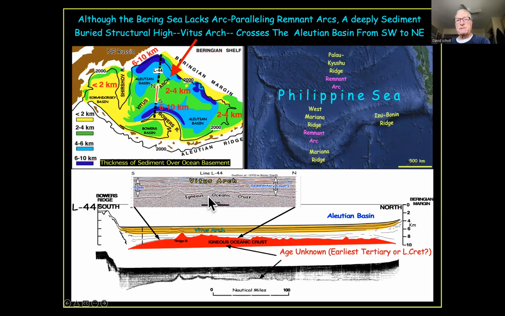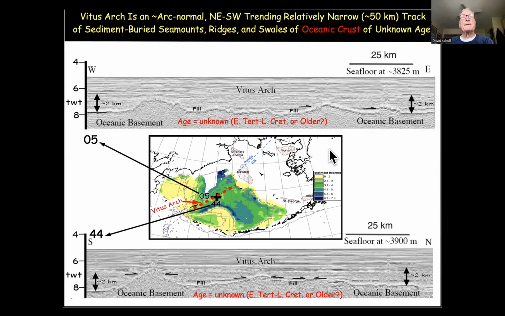But all of this, based upon the refraction work that George Shor and others were doing, indicated this was oceanic crust. This was not arc crust. This was not a remnant arc system. So we just could not find, at any rate, evidence of these remnant arcs of a whole system that was migrating seaward. That's where we were.